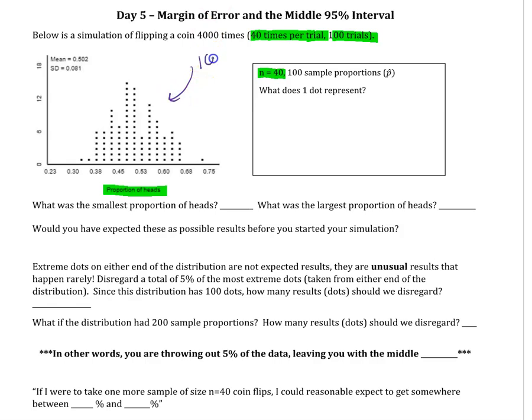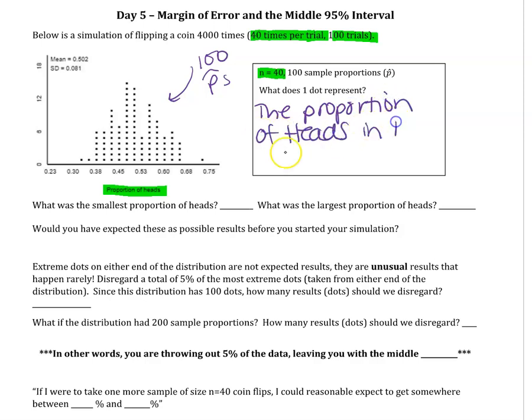There are 100 p-hats in this distribution. So every one of these dots is representing the proportion of heads in one sample of 40 flips. And then you repeated that 100 total times.